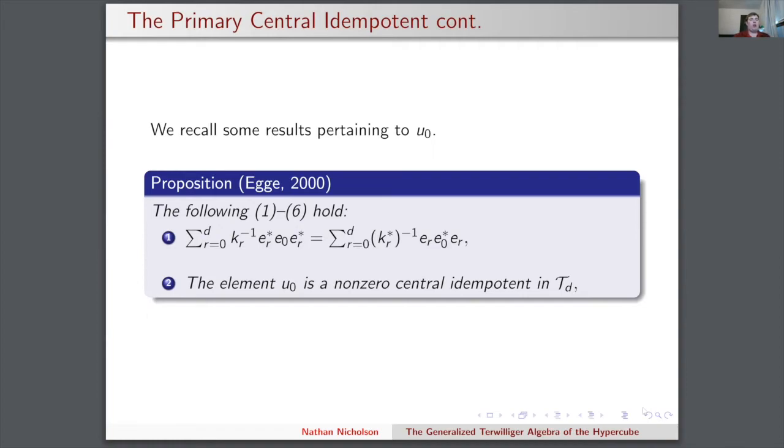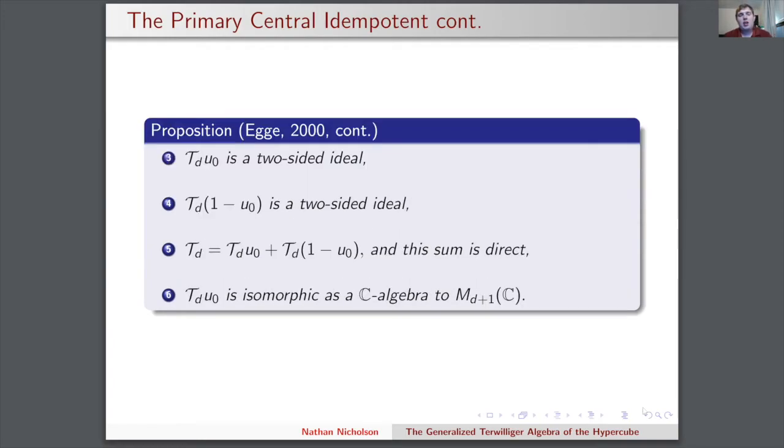And so the following things hold about U naught. Agi showed this. One, the way we define U naught is symmetric with respect to the dual, so that's nice. Two, U naught is indeed a non-zero central idempotent of TD, which is good since we're calling it the primary central idempotent. It better be a central idempotent.